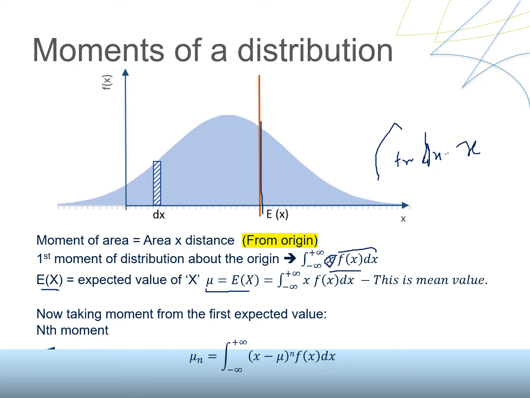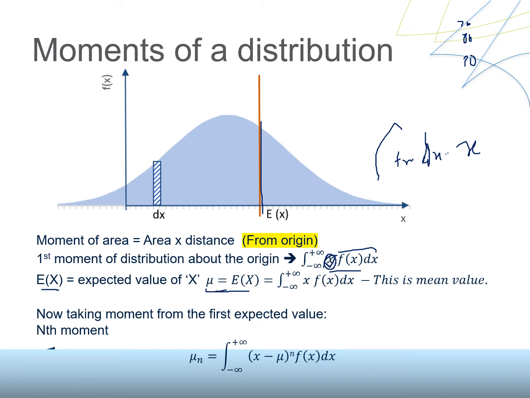If you have discrete data, like 70 cubic meters per second, 80 cubic meters per second, 30, and then you sum them up and divide by 3, you get the mean. Similarly, for the continuous equation, you integrate and multiply by x and divide by area, and you'll get the mean value. So that x comes from there.